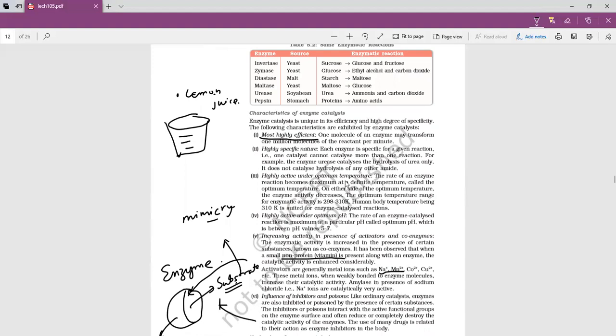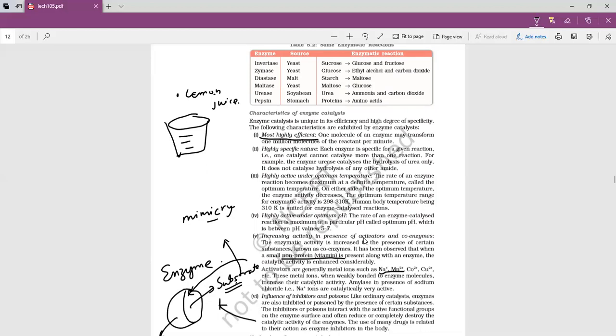So the enzymes work in our body at a particular temperature, not at lower temperature, not at higher temperature. They work at an optimum pH. The alkalinity and acidity should be proper. Different enzymes work at different alkaline or acidic levels. Then the activity of the enzyme is increased either by activators or by coenzymes.